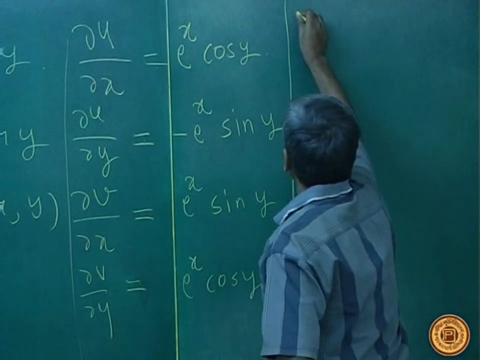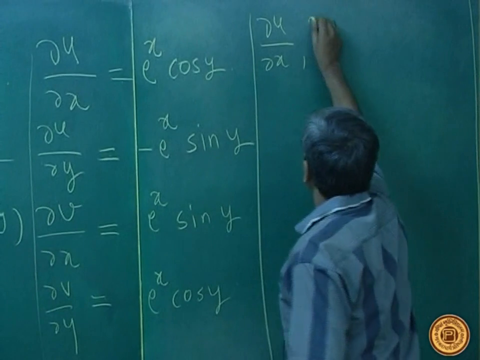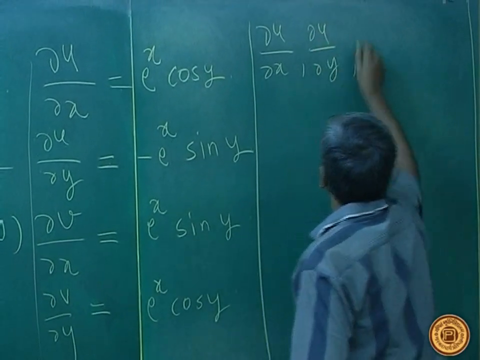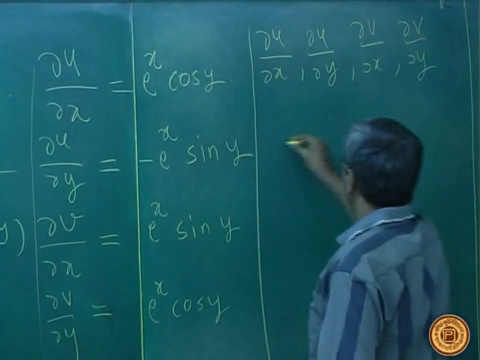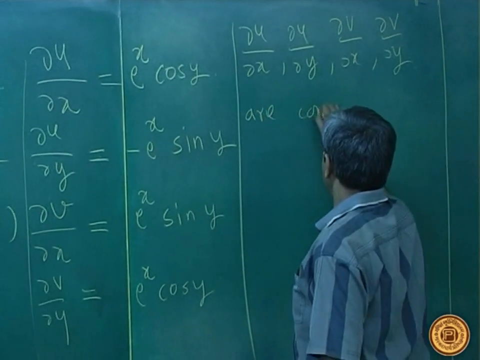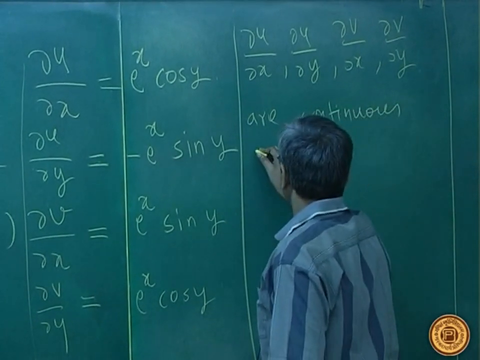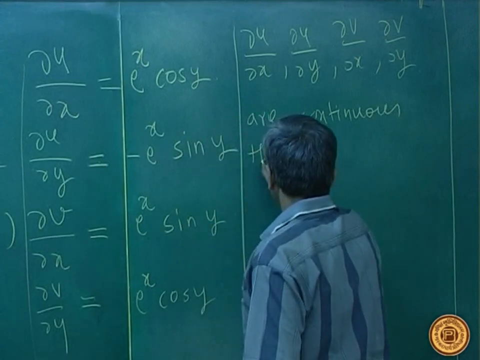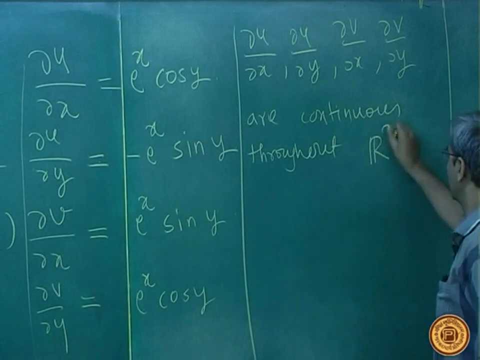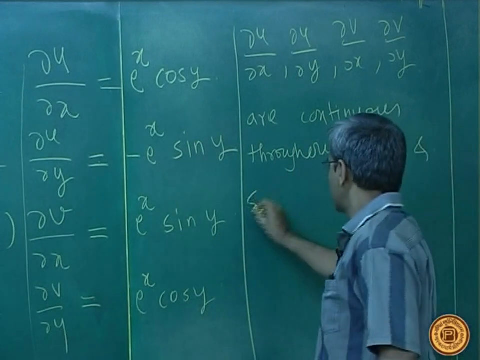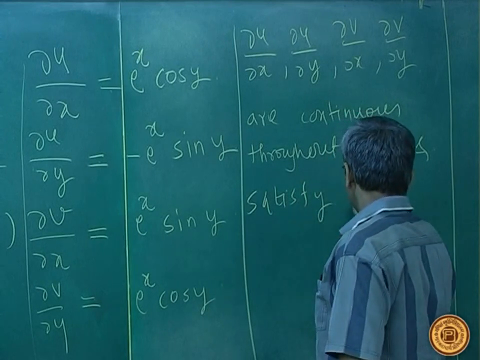So I can say that ∂u/∂x, ∂u/∂y, ∂v/∂x and ∂v/∂y are continuous throughout R2 and satisfy Cauchy-Riemann equations.